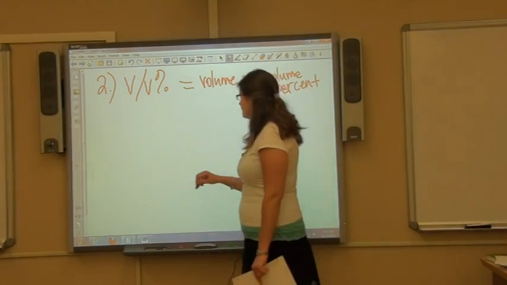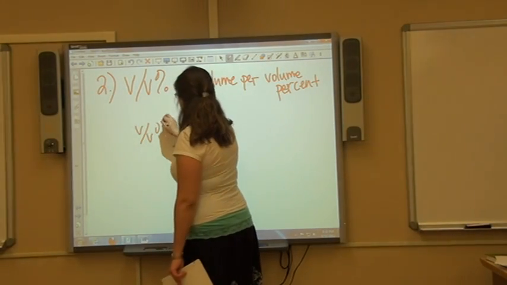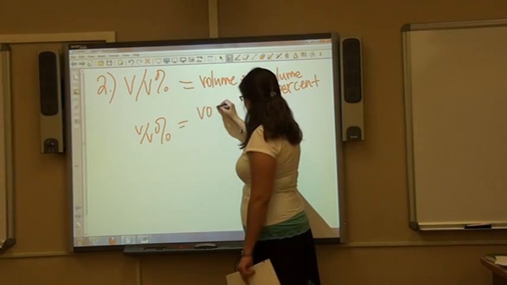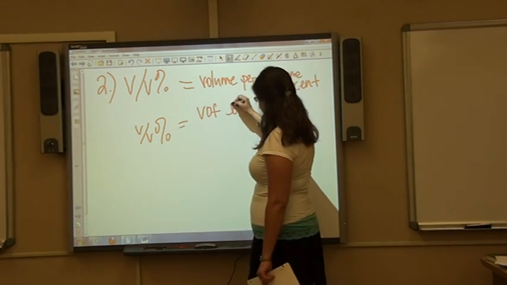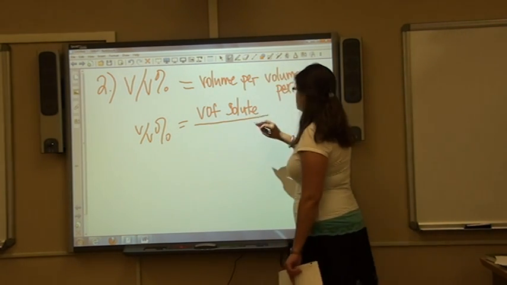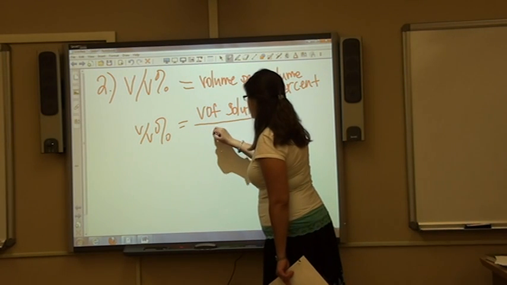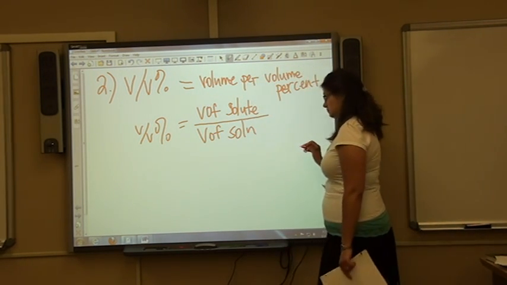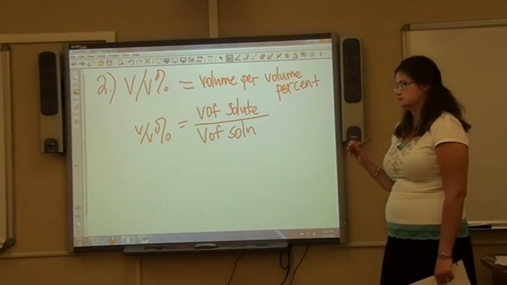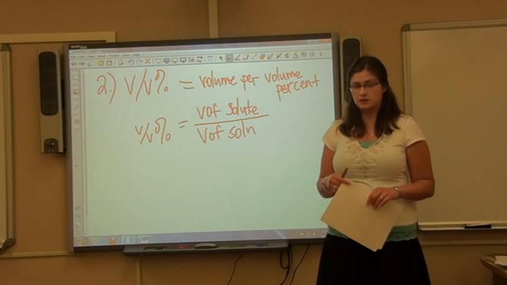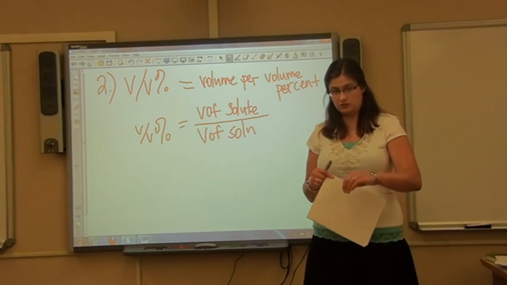Now, the formula for volume per volume percent equals the volume of your solute divided by the volume of your solution times 100. So in this case, you're going to be making up solutions by adding a liquid to a liquid.